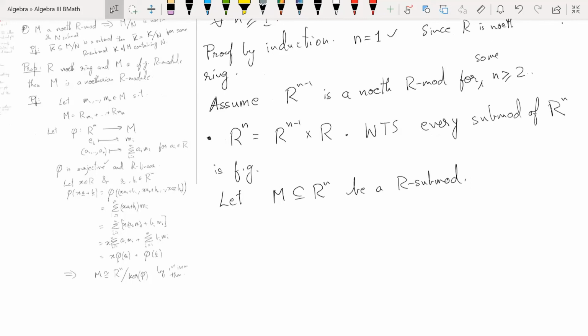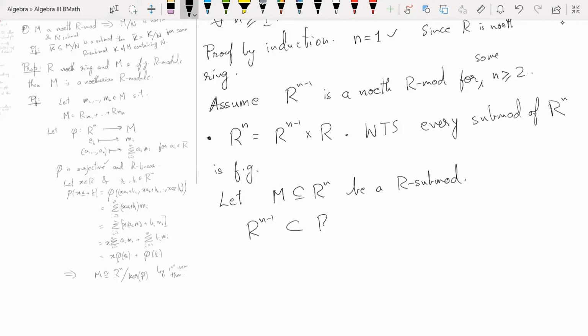So what I'll do is I'll project M onto one factor, and maybe think of some elements in M which come from the second factor. So note that R^(n-1), we can identify it as a submodule of R^n.